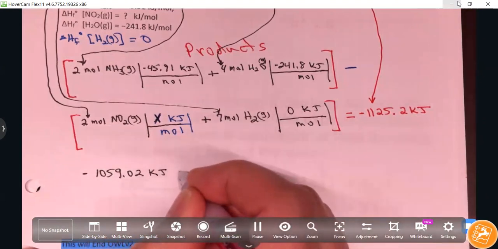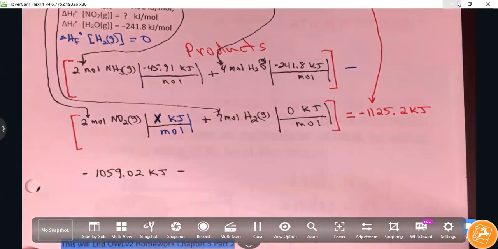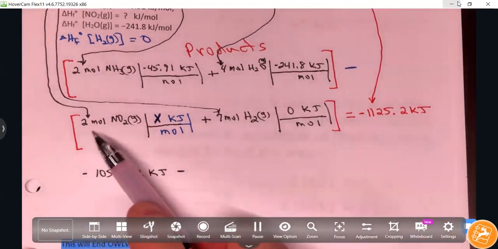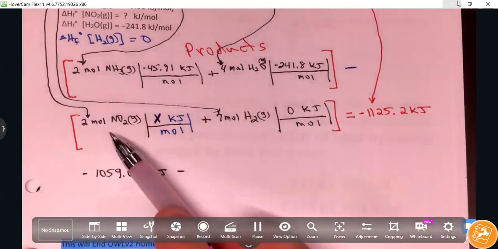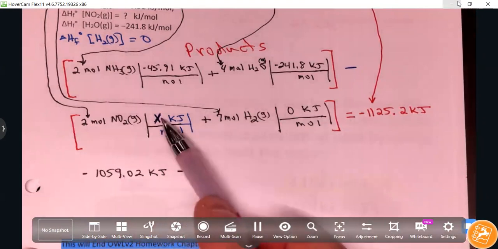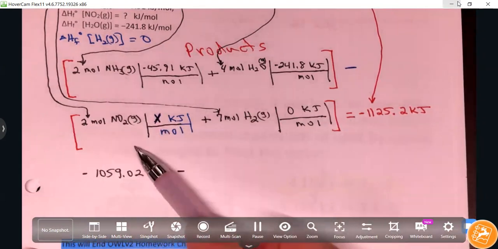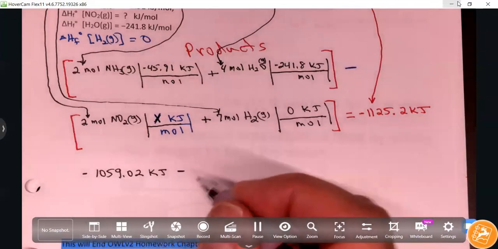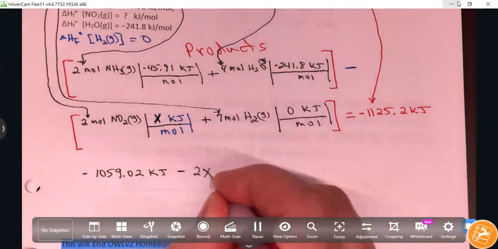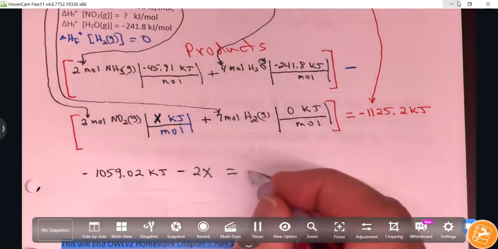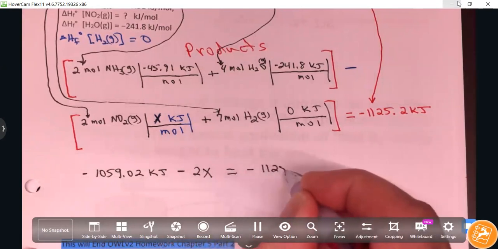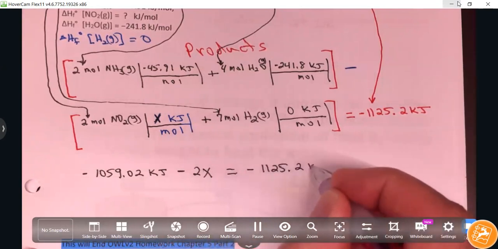And minus this bracket right here is simply going to be 2 times X, right? Because moles are going to cancel out. So we simply have minus 2x equals negative 1125.2 kilojoules.